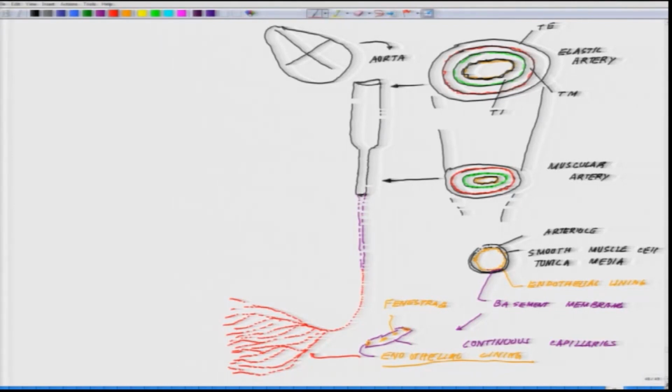Now, from here the vessel, so this is where the oxygen is being given. Now, all the tissues which are surrounding, they are picked. So let us denote the tissues with green.